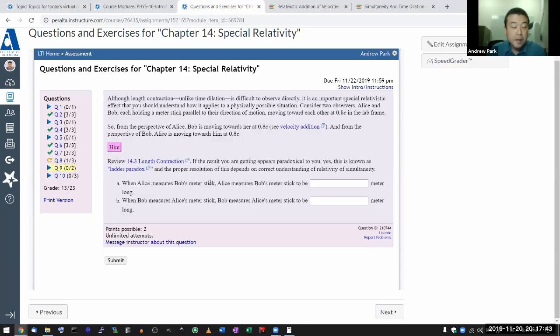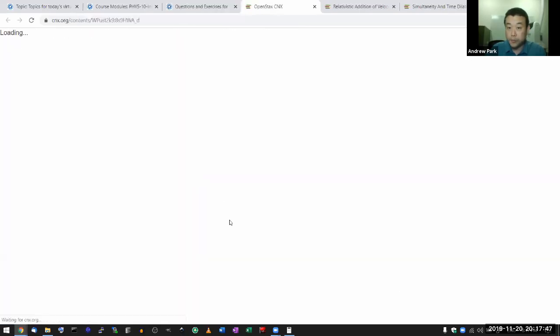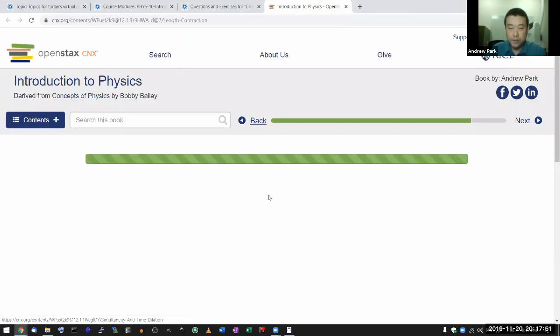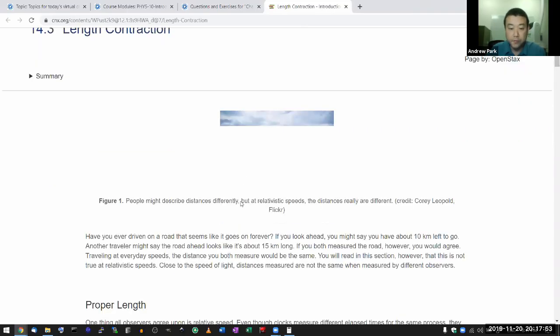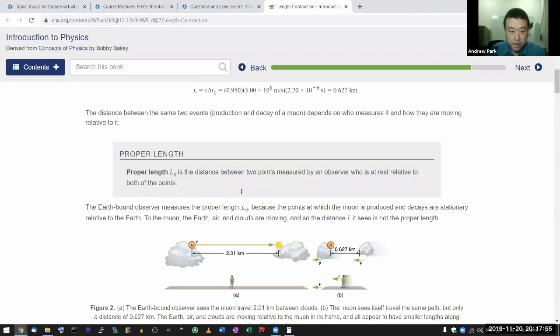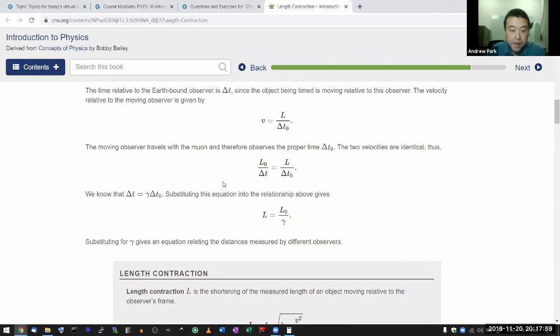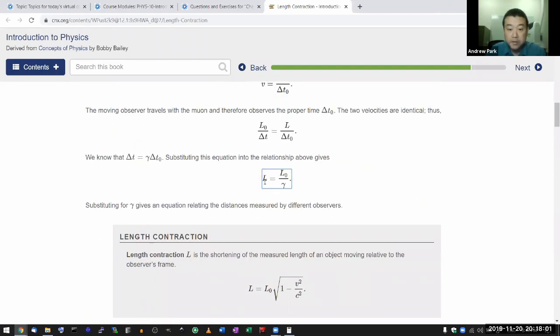So with that, you also should know the length contraction formula. Read the section, please. When you read through the length contraction formula, what you get is that the length of a thing measured in a frame where it's moving relates to its length in its own reference frame through this.